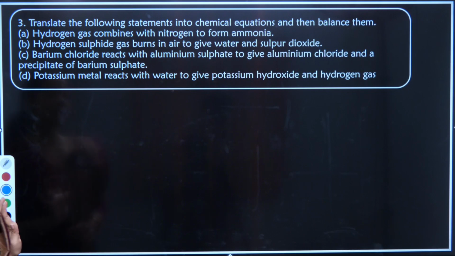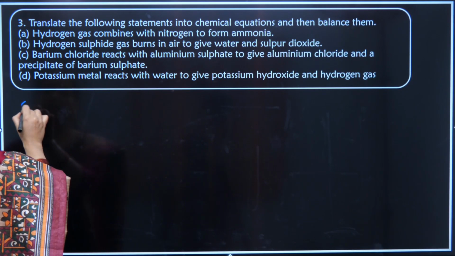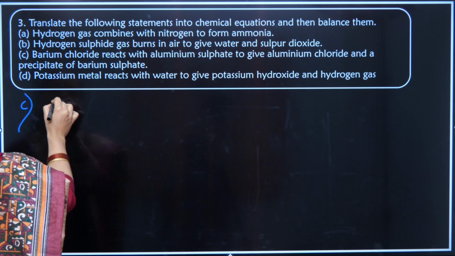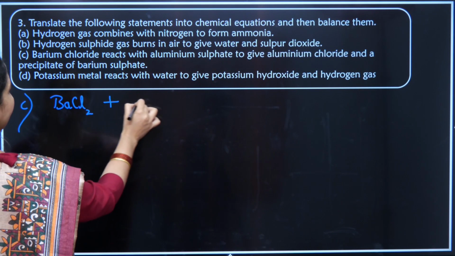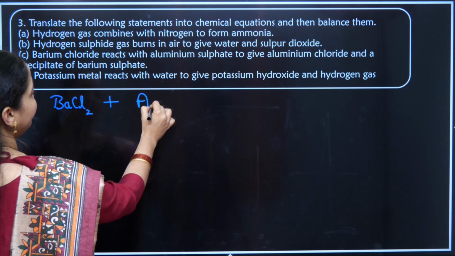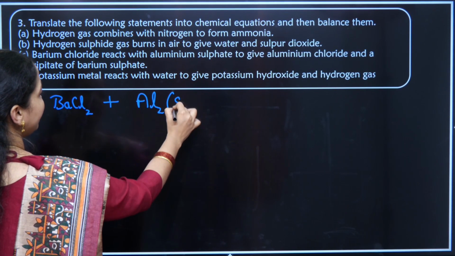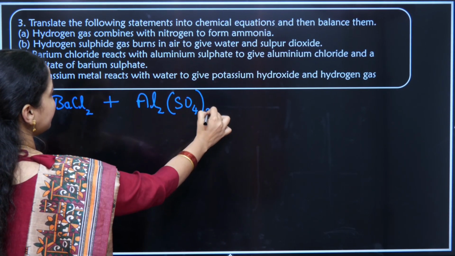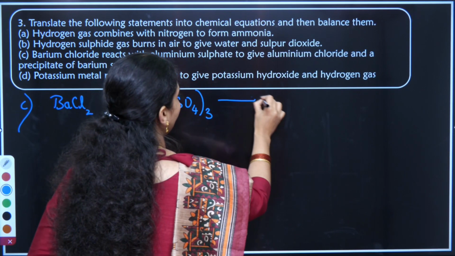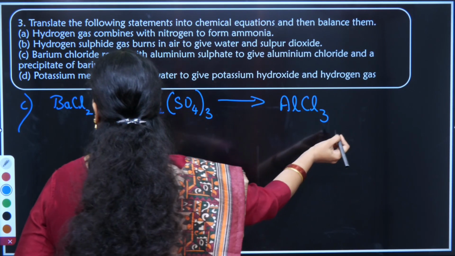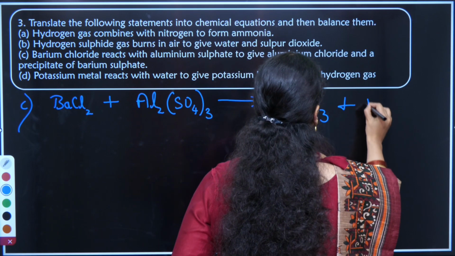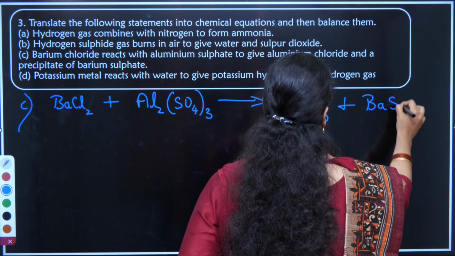So third question is a very beautiful and important question. Let us just see what is happening here. Barium chloride BaCl2 is added with aluminium sulfate Al2SO4 whole thrice, which gives aluminium chloride AlCl3 and barium sulfate, that is BaSO4.